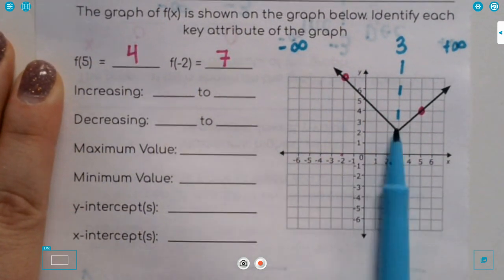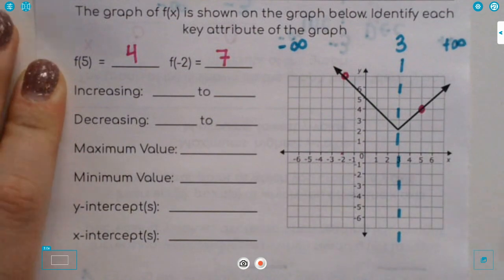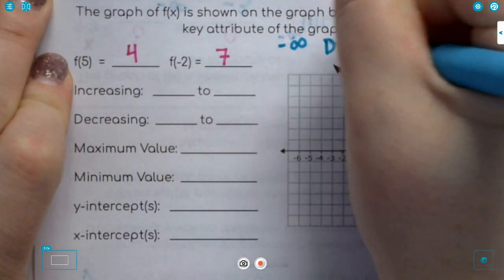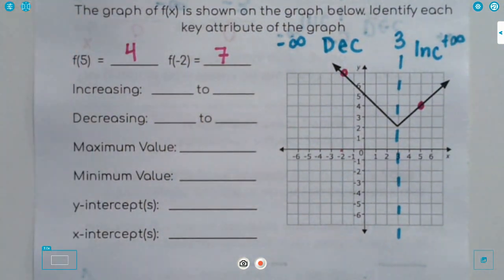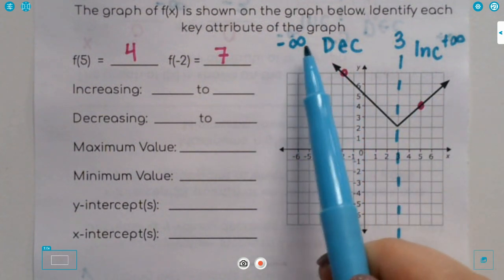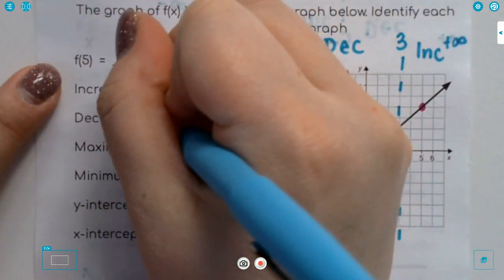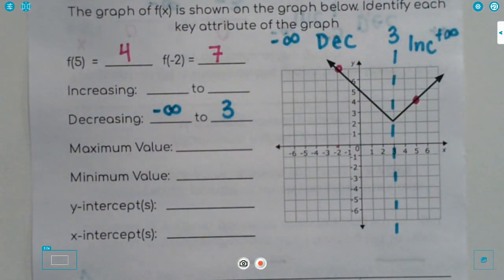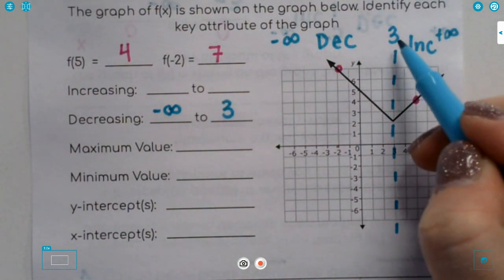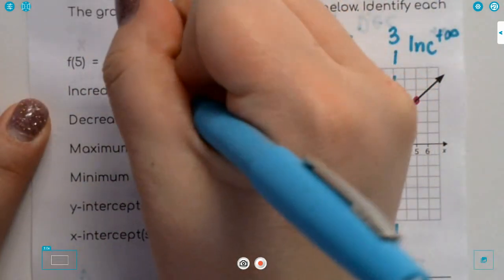So I am decreasing and then increasing on this one. So for my answers on this one, I'm decreasing from negative infinity to 3. And then I'm increasing from 3 to infinity.